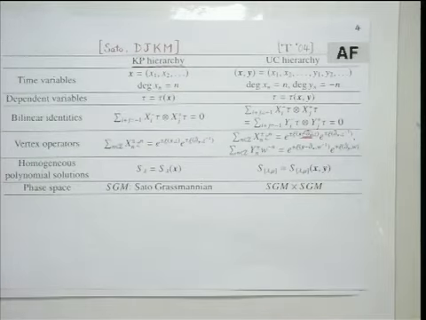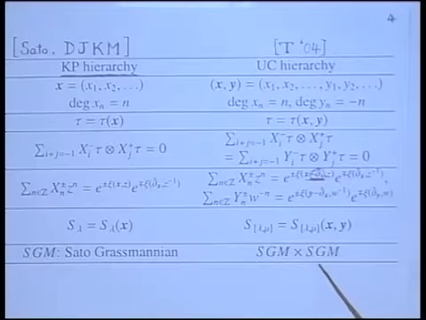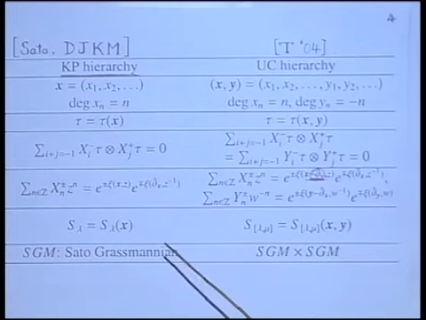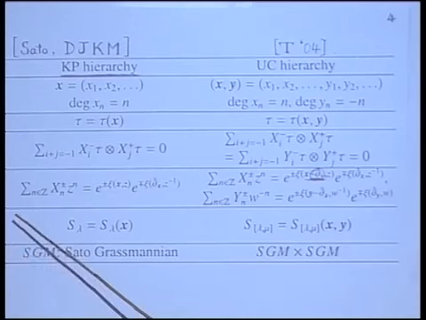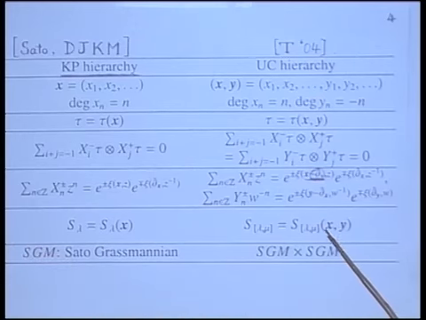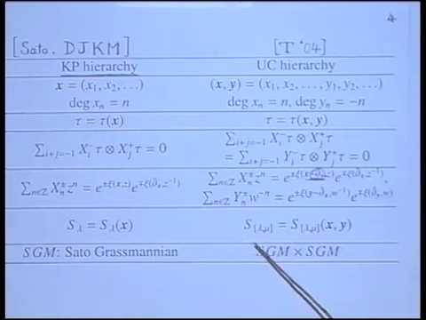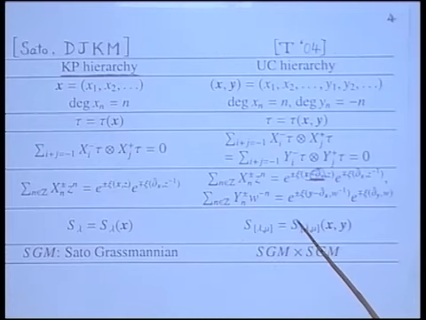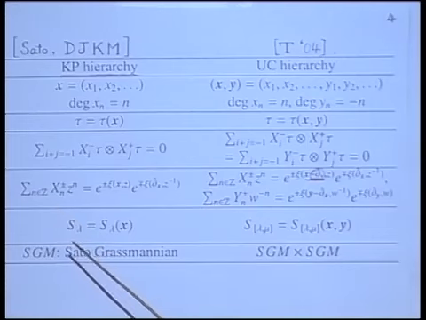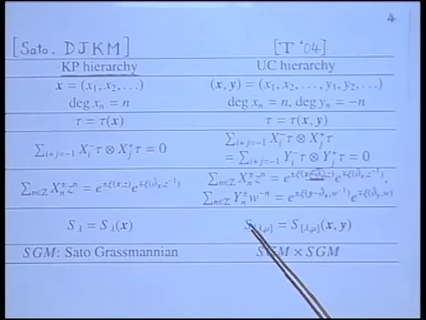And analogous to the KP theory, the phase space of the UC hierarchy forms a direct product of two Sato Grassmannians, and the homogeneous polynomial solution of the UC hierarchy is characterized by the universal character.